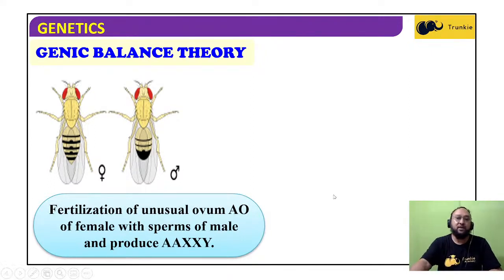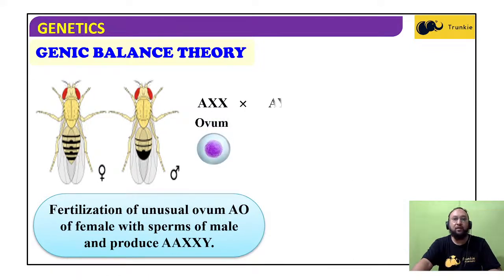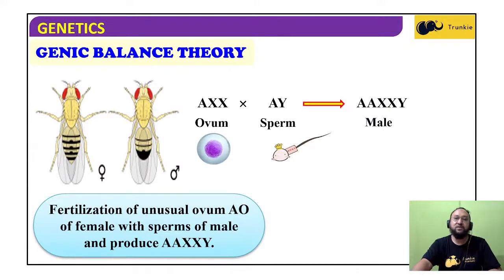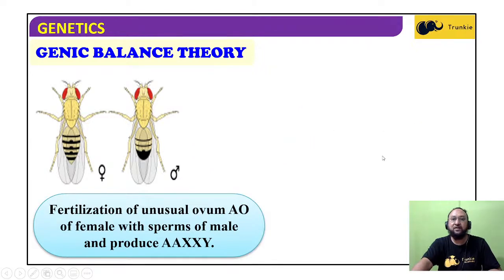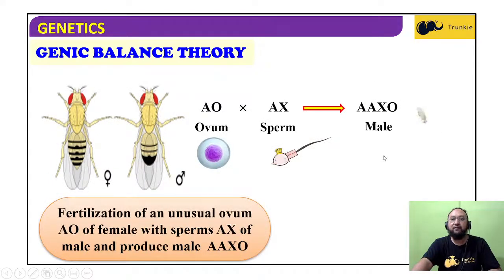So you can observe that when the autosomes and the Y chromosome are there, it becomes a male. It will be a fertile male, and in the previous case it was a fertile female.